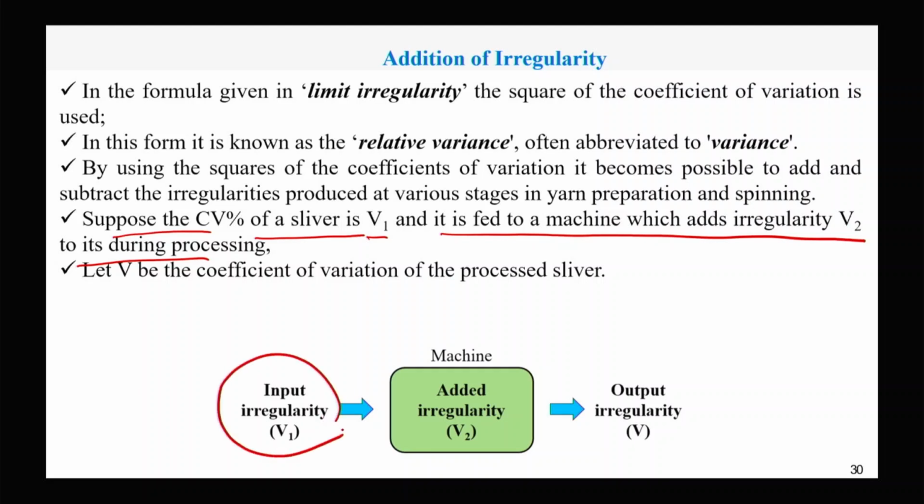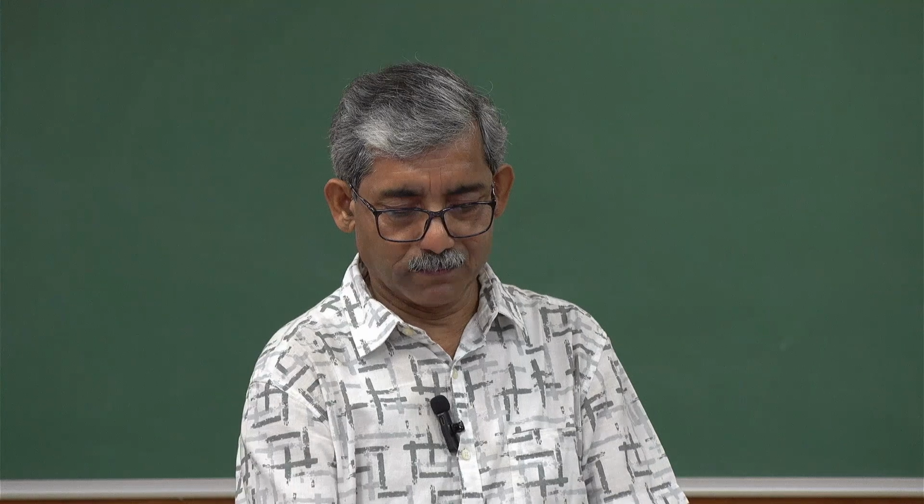The input CV of the input material is V1, the added CV is V2, and the output material has CV V. For any machine in spinning, we will follow this same process.